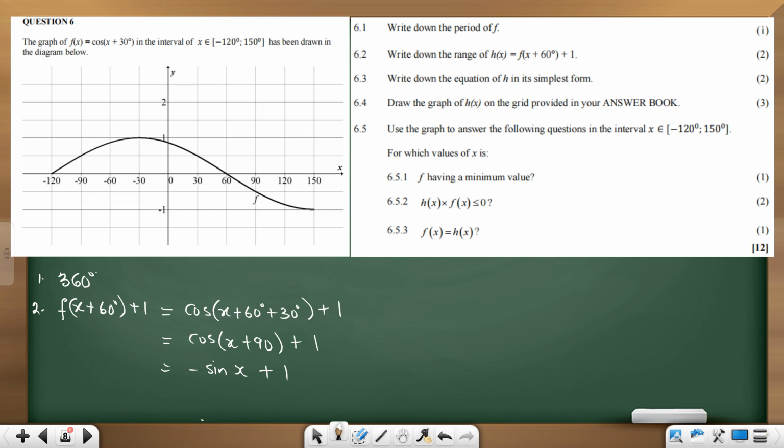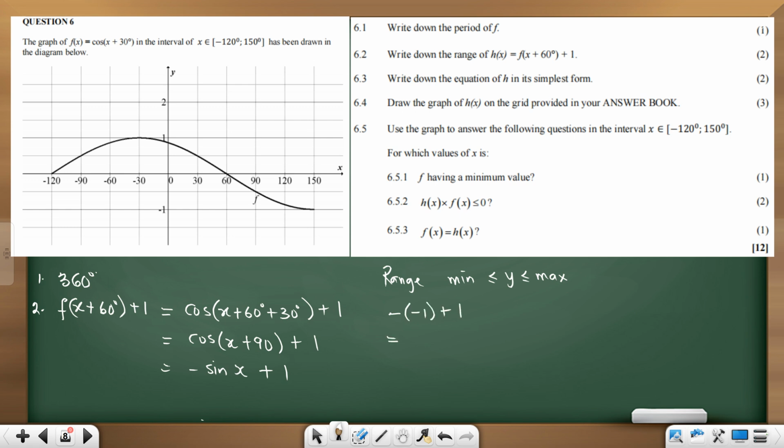Beautiful. Now, our range is always between the minimum, less than or equal to y, less than or equal to the maximum. We didn't really need to do all of this, but it's fine. The minimum of sine x is negative 1. So I'll substitute negative 1 there and say negative 1 plus 1.